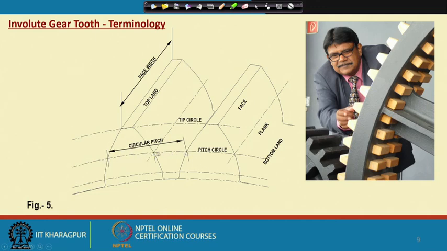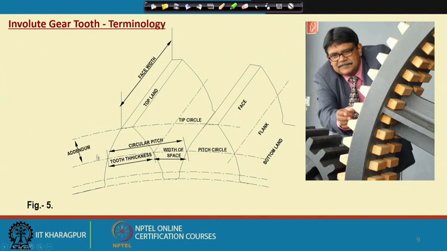It is not proportionate here in the drawing, but we have to remember that for standard gears on the pitch circle, the arc thickness of the tooth is equal to the arc thickness of the gap. So, this is called tooth thickness, this is called width of space. These two are equal for the standard cut gears.